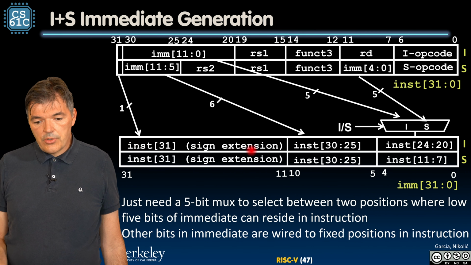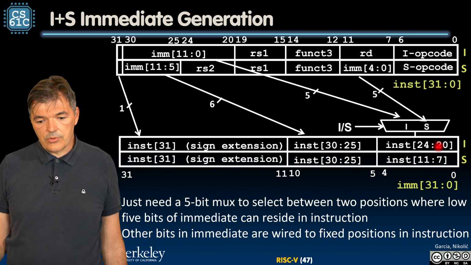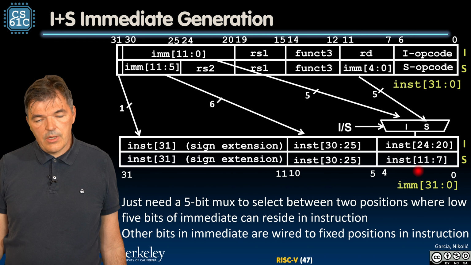But the lower 5 bits in case of I-type are going to come from the instruction bits 24 to 20. In case of S-type they are going to come from instruction bits 11 to 7. So all we need to do is implement one multiplexer that is going to be working two-way. In case of an I-type instruction, it is going to take bits 24 to 20.